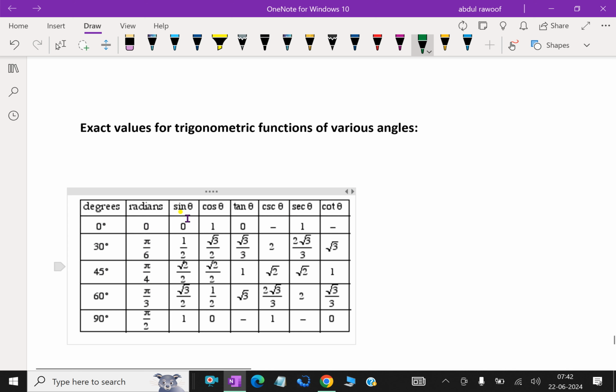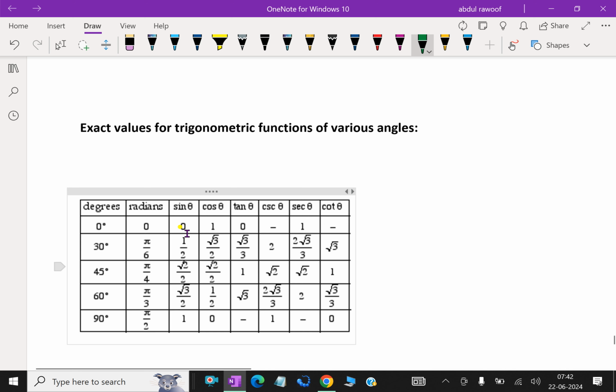First remember all the sine values. Sine 0 is 0, sine 30 is half, sine 45 is root 2 by 2, sine 60 is root 3 by 2, sine 90 is 1. So just fill in the opposite order for cos: from down to up, 0, 1 by 2, root 2 by 2, root 3 by 2, 1.